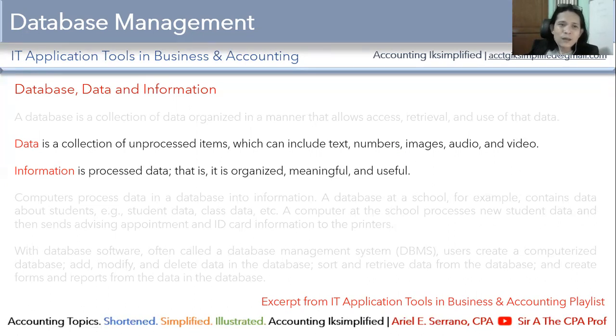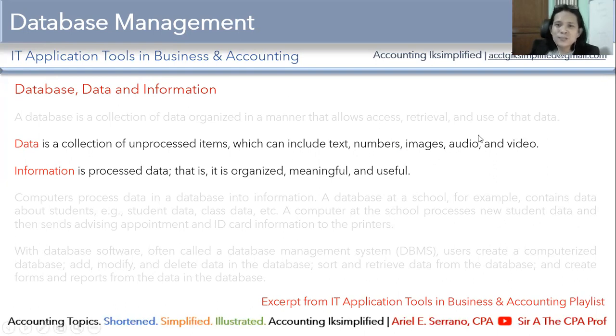When we are talking of data kasi, these are a collection of unprocessed items which may include text, numbers, either alphabet or numerical, images, audio, and video. Lalong-lalo na sa ngayon na sa mga database natin, sa mga ginagamit natin na systems, hindi lamang alphanumeric.